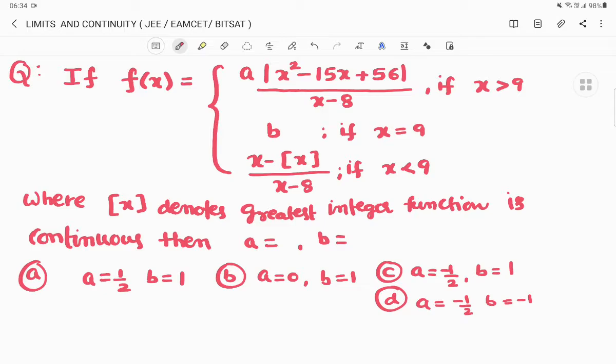We know that if f of x is continuous at x is equal to a, then f of a is equal to limit x tends to a plus f of x, which is equal to limit x tends to a minus f of x. So here in place of a, 9 is there. So f of x is continuous at x is equal to 9.